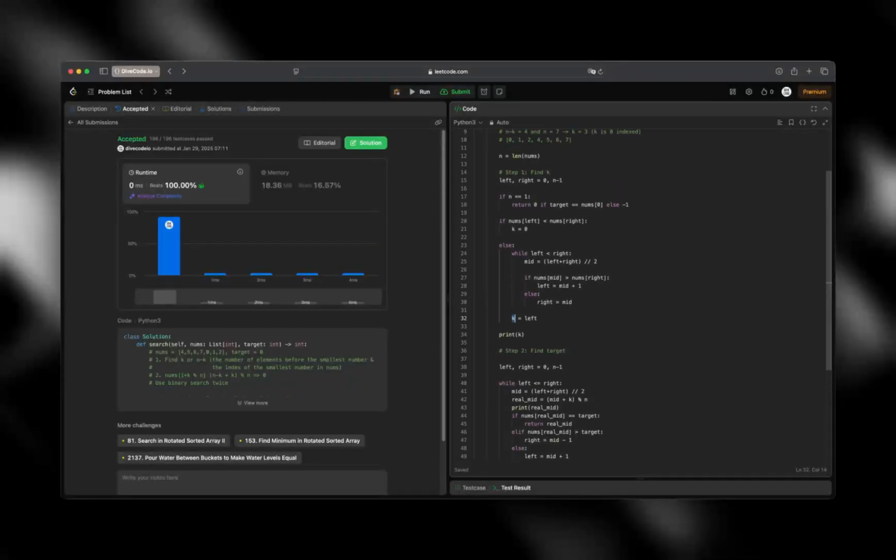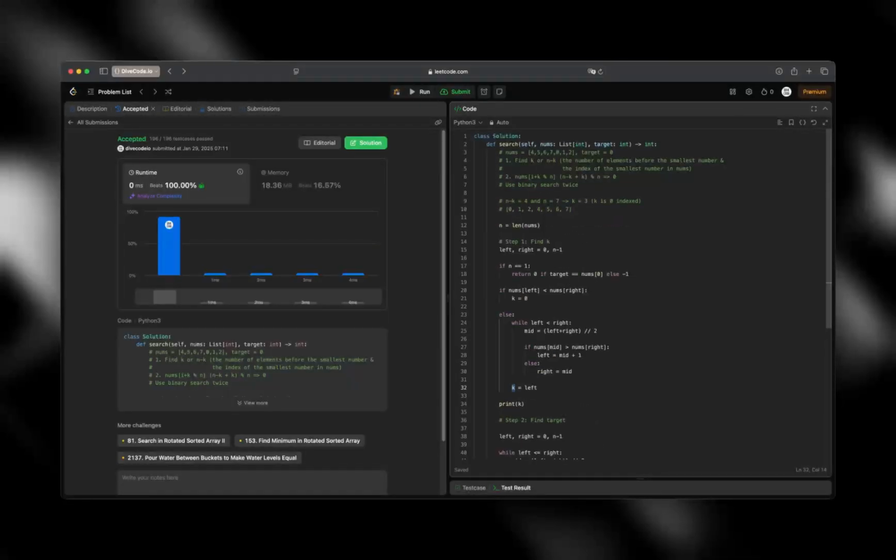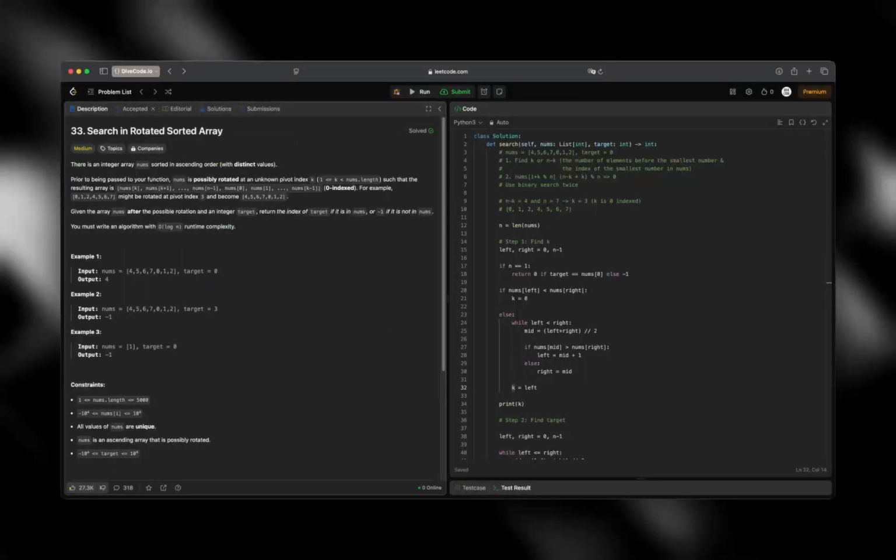K is not actually equal to the rotation index as presented in the description. I should call this something else because that's what actually made me mix n minus k and k. So I should not call this k. Let's call this L. And L is actually the number of elements before the smallest.